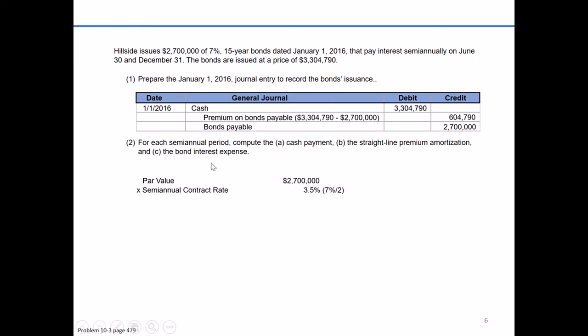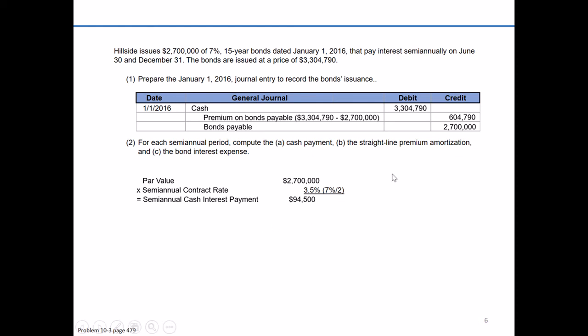This time it's going to be 3.5%. Annual rate of 7% because of the fact that we're paying interest twice a year. Take the annual rate of 7% divided by the number of times per year, 2, is going to give us 3.5%. 3.5% times $2.7 million in par value gives us a semi-annual cash interest payment every 6 months of $94,500. That's the actual amount of cash that they're going to pay.